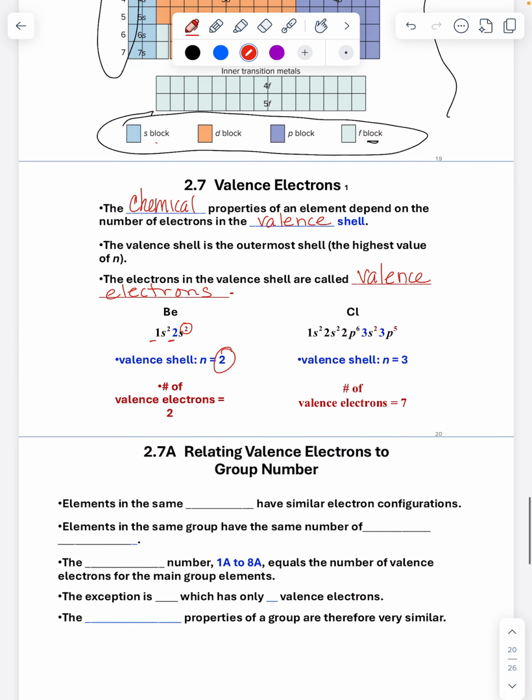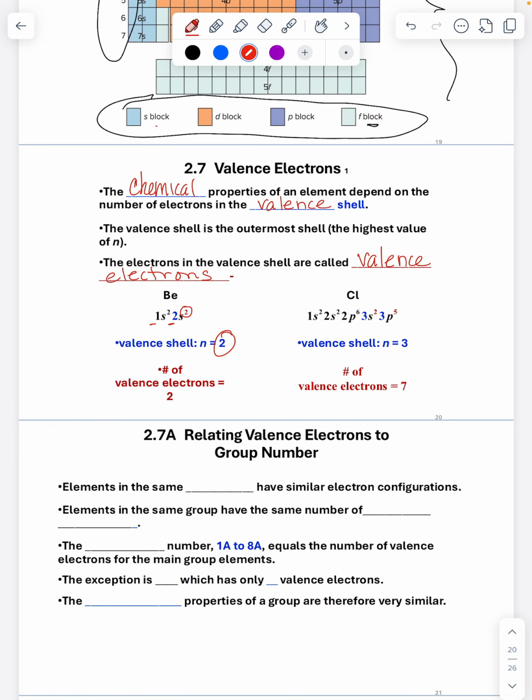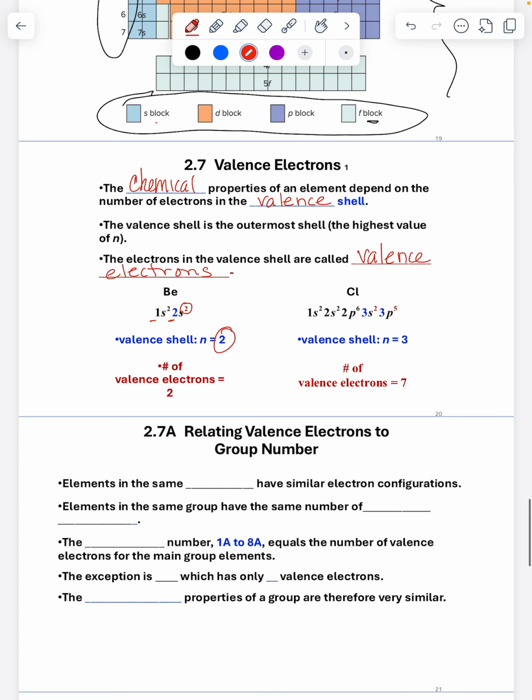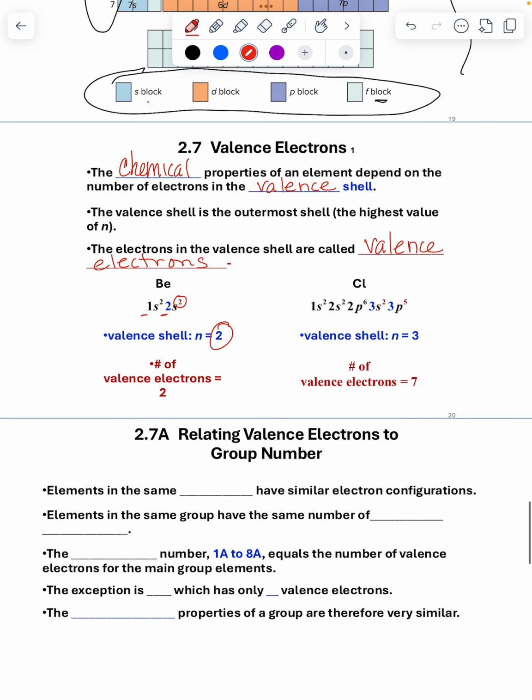Looking at chlorine, if we wanted to tell the number of valence electrons, just looking at chlorine's electron configuration, again we find the valence shell, and so that's the number 3, and we count all of the electrons in the third energy level, and so therefore there are 7. And so that's just an easy way to look at the electron configuration and determine valence electrons.